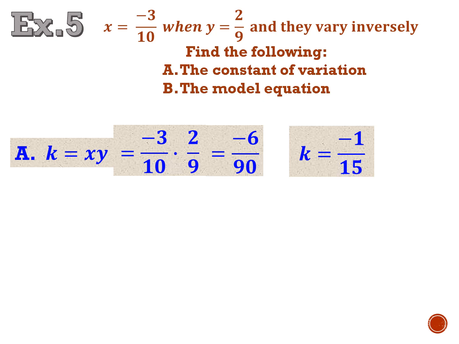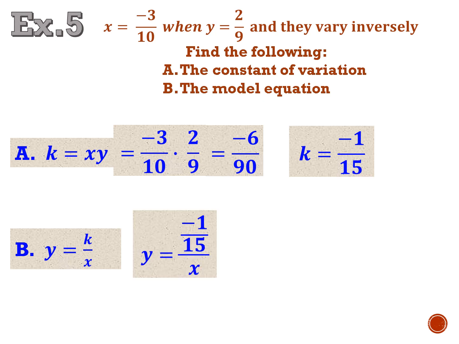So once we've got our k value, we just have to substitute that into the model equation form. Since it's inverse variation, we're going to use y equals k over x. So when you first write it, it looks like this, where we have a fraction in our numerator. And while that's easy to determine our k value, it's not exactly the best way we can write that, okay? Because we don't like fractions within fractions.